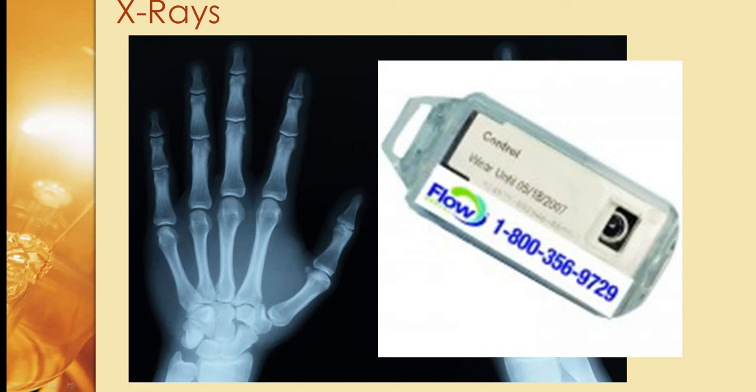It registered every bit of X-ray radiation that was going into me. Every 6 months or so, or maybe 4 months, they would send those in and give me a new one, and they would check it to make sure I wasn't getting exposed to too much radiation. I never got exposed to too much, but that was a way of testing it. In other words, we need to make sure you don't get exposed to too much.